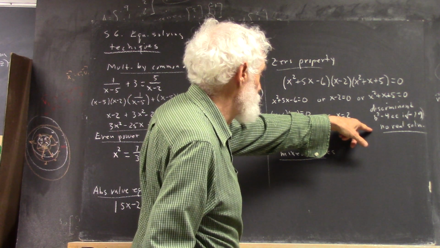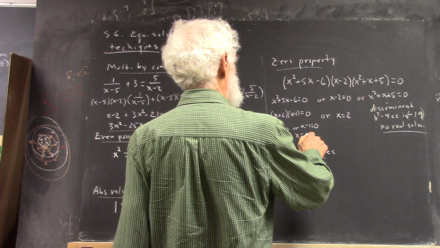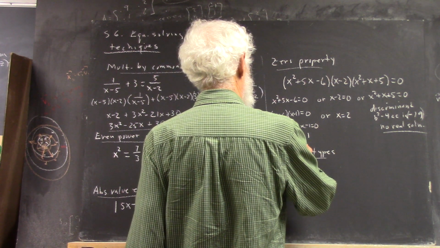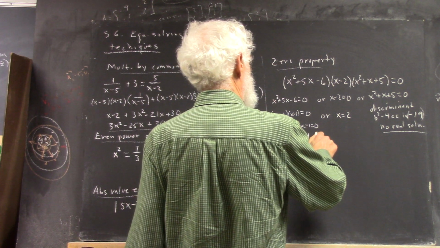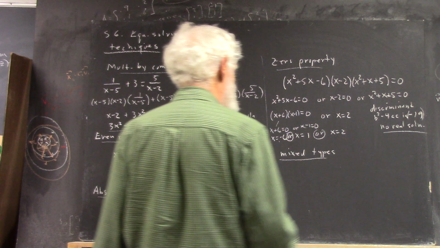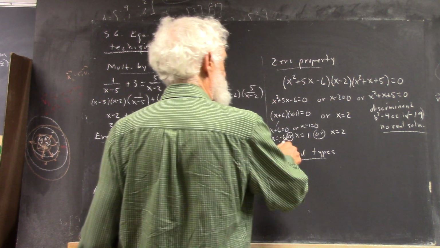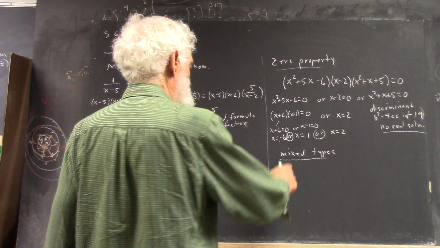Okay, so no real solution here. Now this solution is x equals negative 6, this is x equals 1. Or, quoting from both here, x equals 2. So x equals negative 6, or x equals 1, or x equals 2.